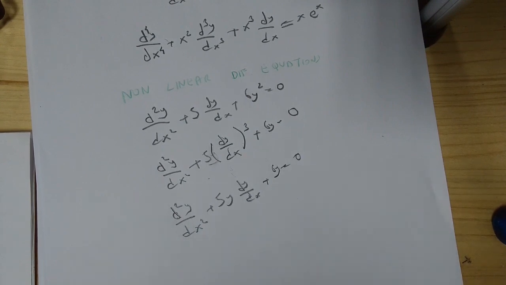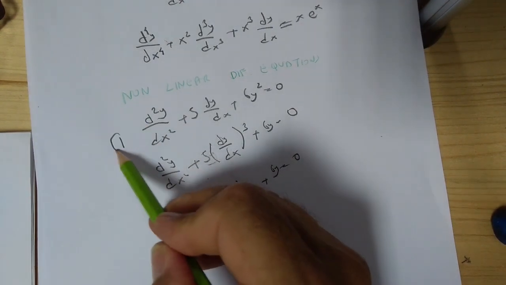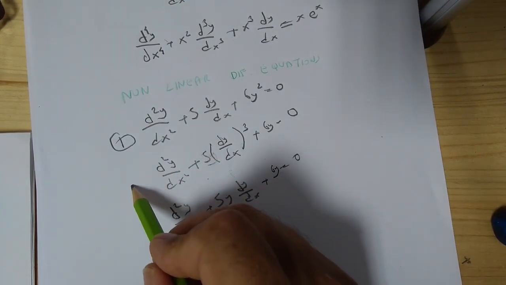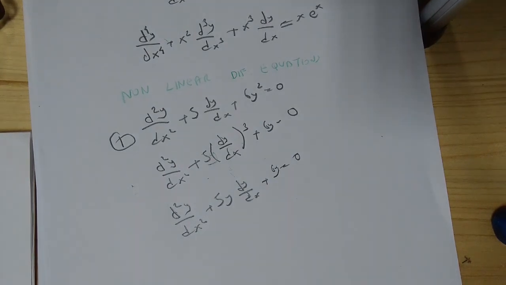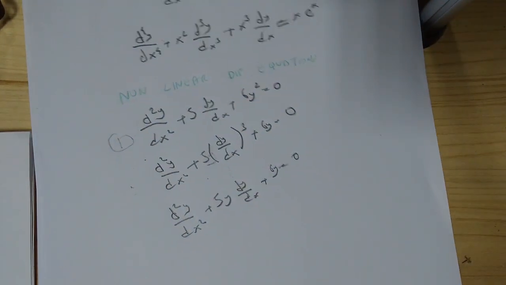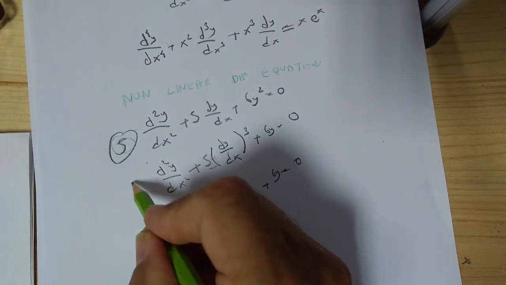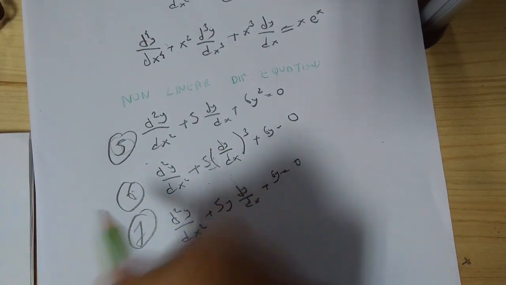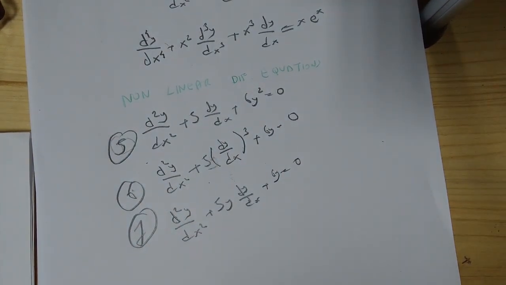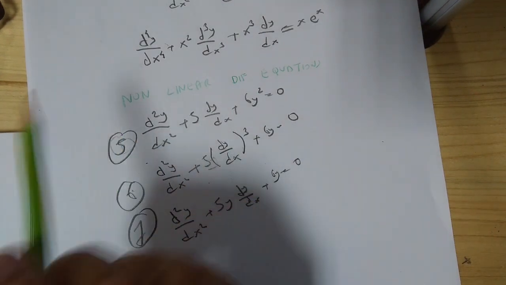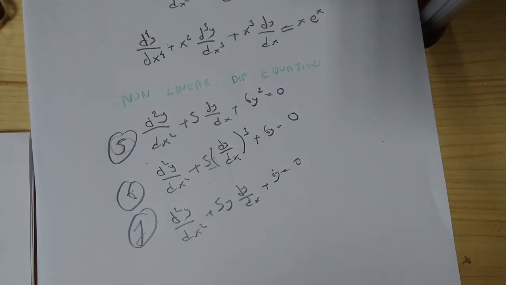So look at that equation. Let me label this one. Okay, not one, because we already used one on the previous page. 5, 6, and 7. So this first one is number 5. Number 5 is nonlinear because the dependent variable y appears to the second degree in the term 6y squared.